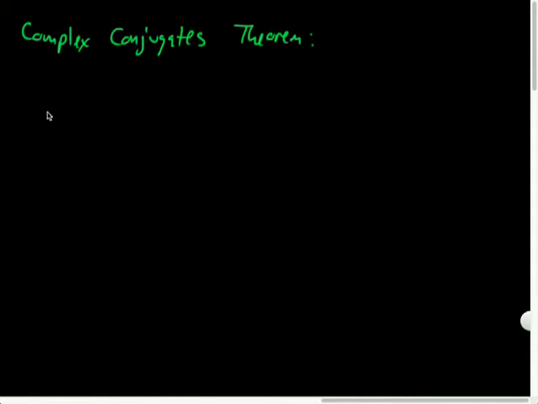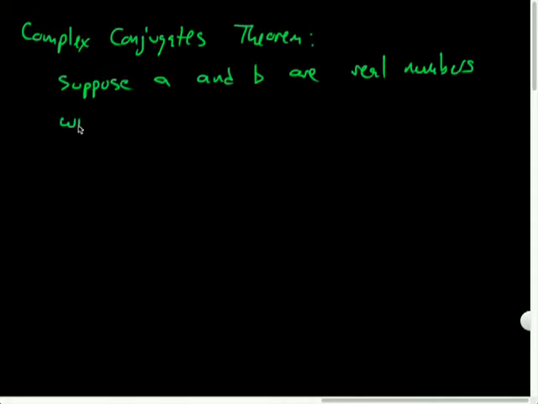I chose to give you easier problems tonight, ones like the first example we did, basically. So let's see. Suppose A and B are real numbers with B not equal to 0.